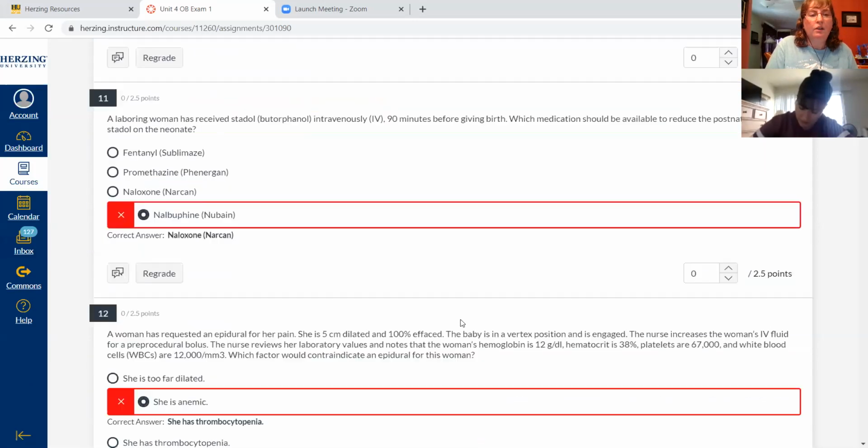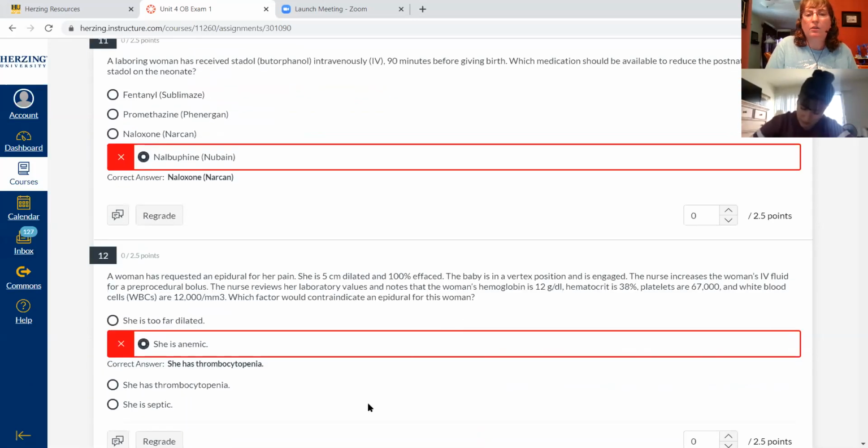All right. Then here, this one says this person had an epidural for her pain. She's 5 centimeters dilated, 100% effaced. Baby is in vertex position and is engaged. The nurse increases the woman's IV fluids. The nurse reviews her lab values and notes that the hemoglobin is 12, hematocrit is 38, platelets are 67,000, and the white blood cells are 12,000.